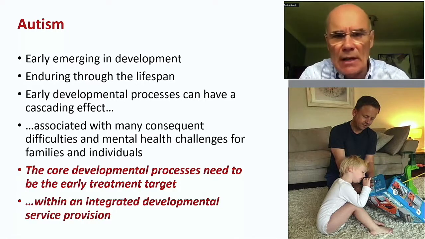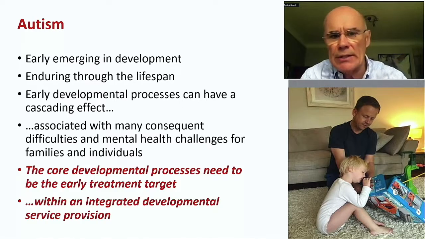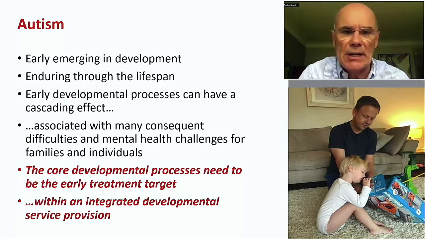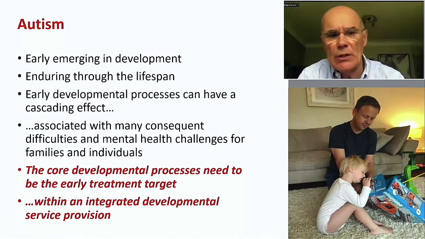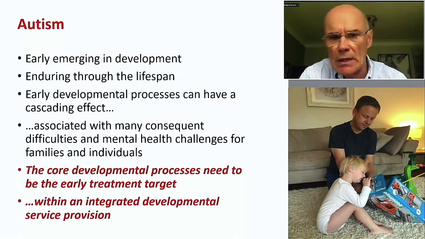And we take a developmental perspective, which means that we try and understand some of the early developmental processes, and we believe that these can have a cascading effect through later years. A developmental perspective of this kind can help us understand many of the consequent difficulties and mental health challenges for families and individuals downstream in development.